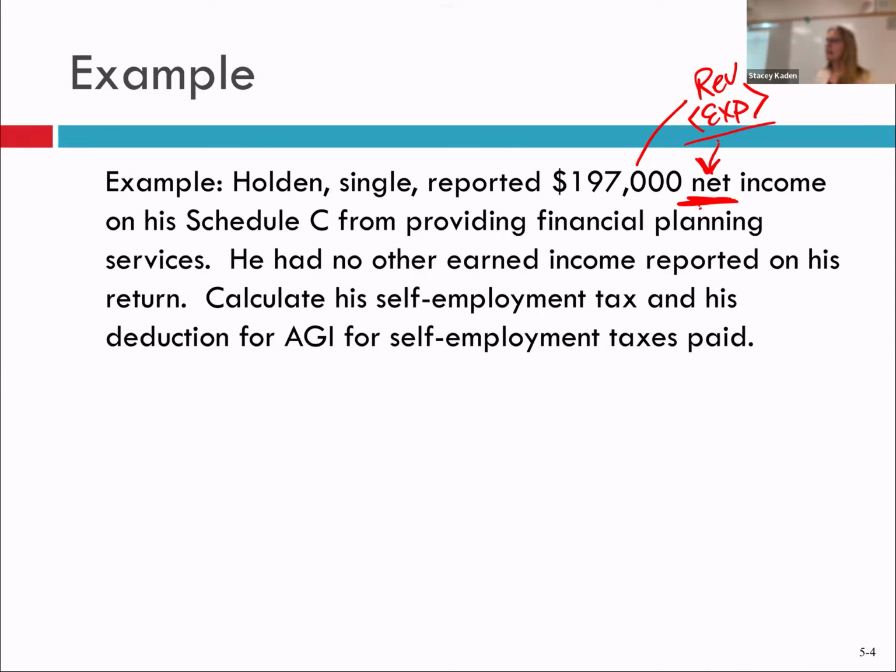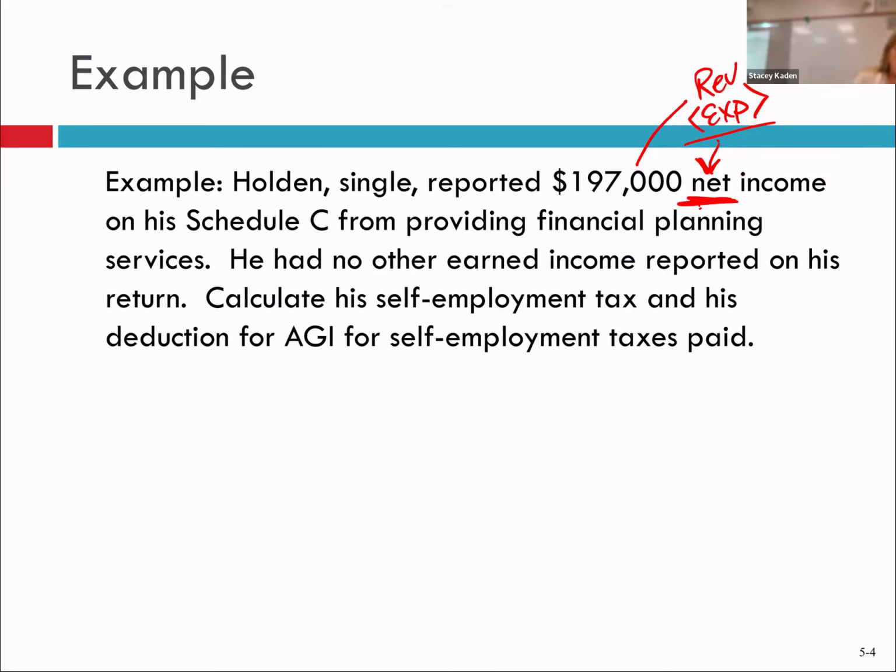I don't know why I give this speech, but some of you will take revenue and calculate self-employment tax on that instead of subtracting the expenses related and calculating self-employment tax based on the net. Okay. All right, he had no other earned income. Calculate his self-employment tax and his deduction for AGI for self-employment taxes paid.